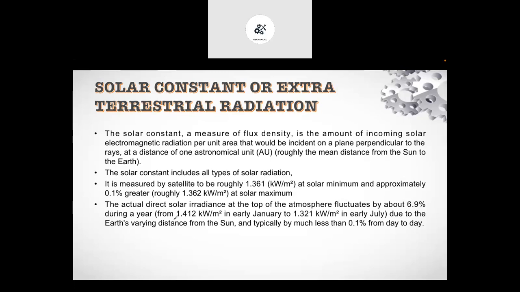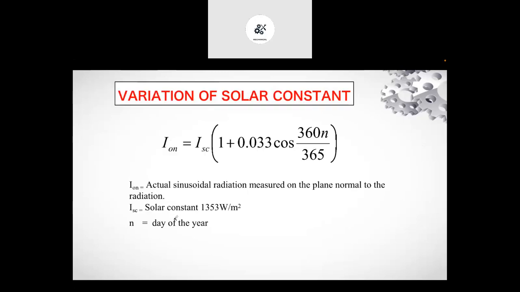Now this solar constant varies with location, weather condition, etc. But roughly we consider the solar constant to be around 1362 or 1365 watt per meter square. It fluctuates.